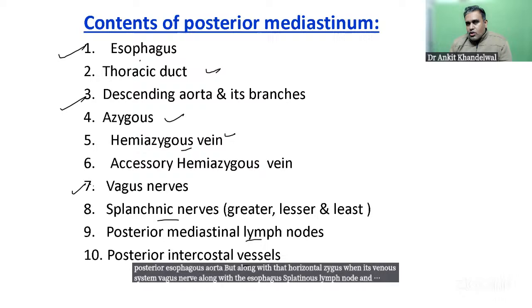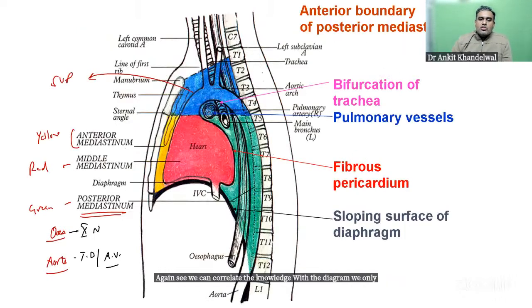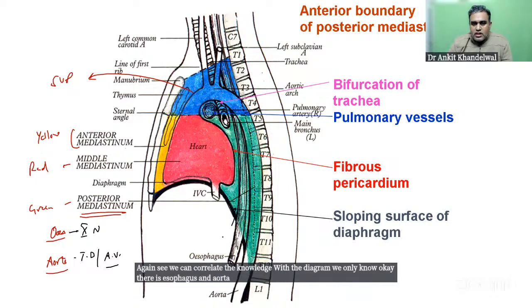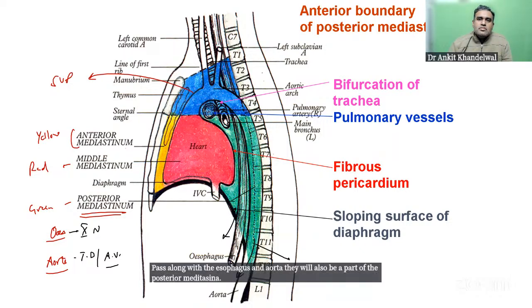Again, we can correlate the knowledge. With the diagram, we only know there is the esophagus going down and the aorta going down over here. But we know what other structures can pass along with the esophagus and aorta. They will also be a part of the posterior mediastinum.